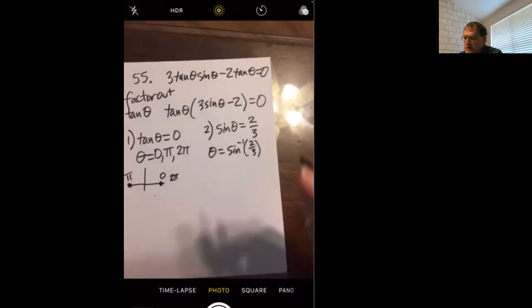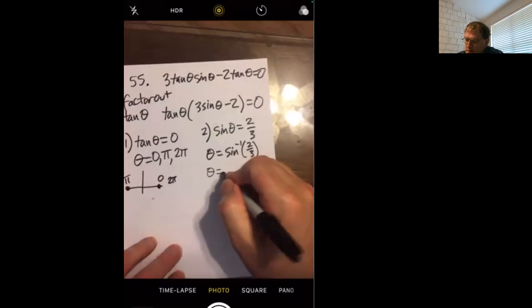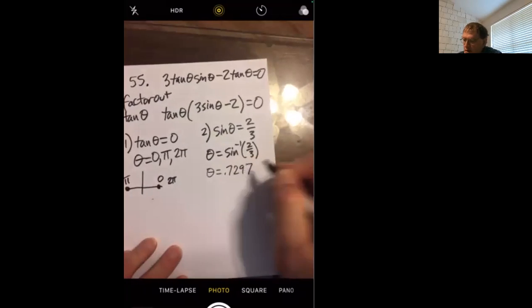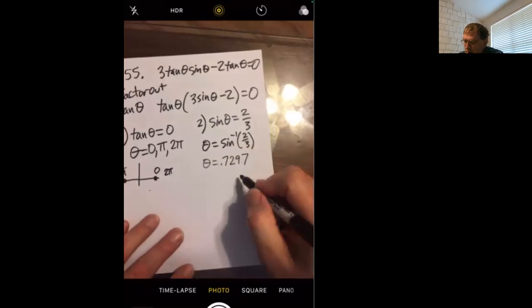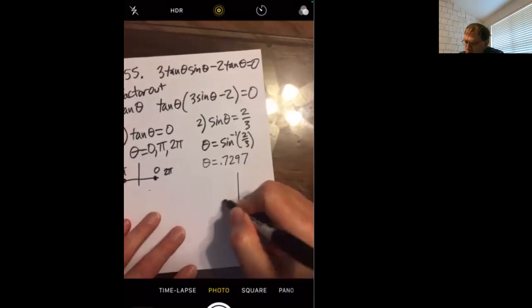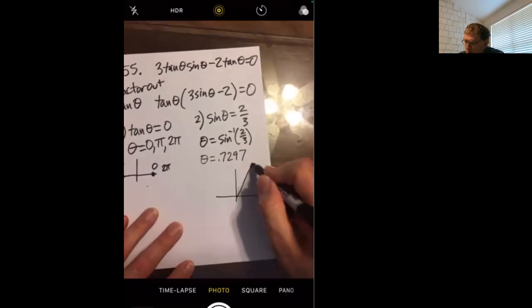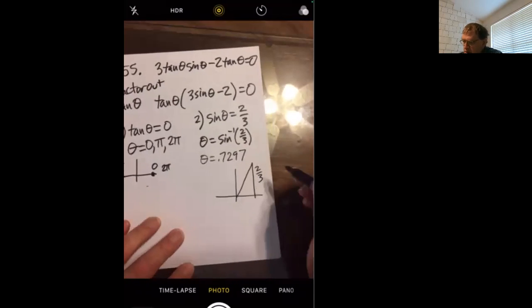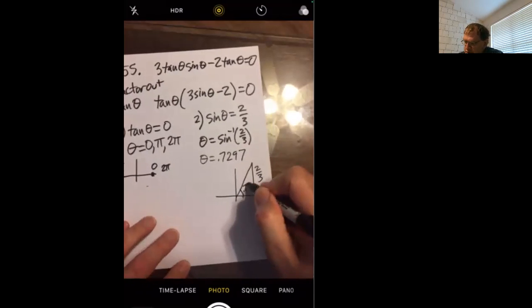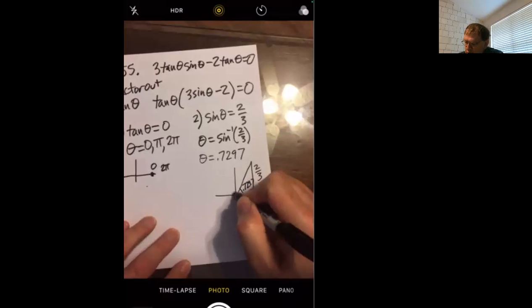That's 0.7297. Okay, and to get the other answer, your y coordinate is 2/3. 0.7297. So you're going to be over here.